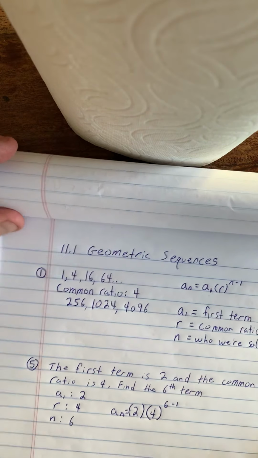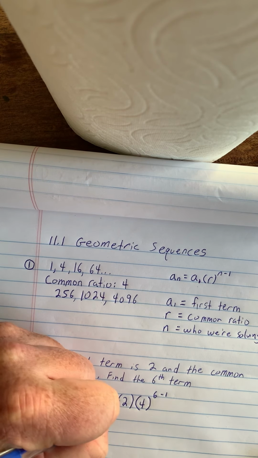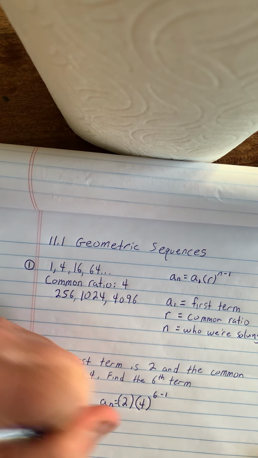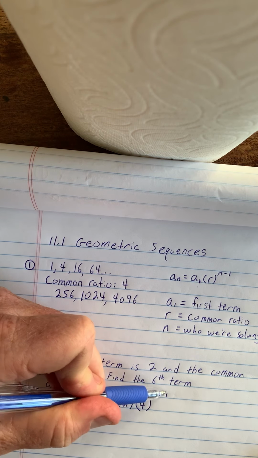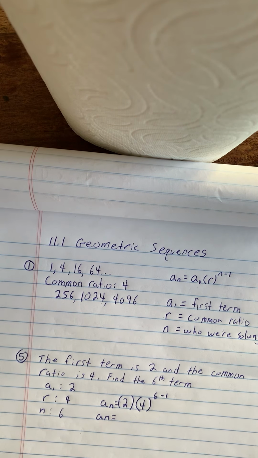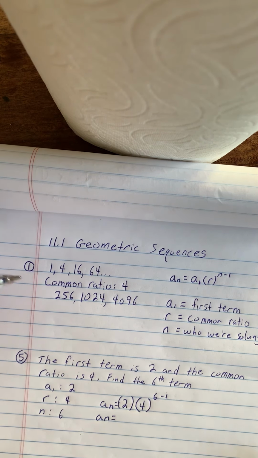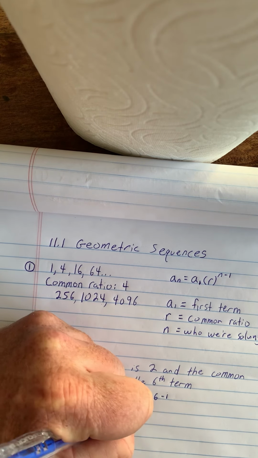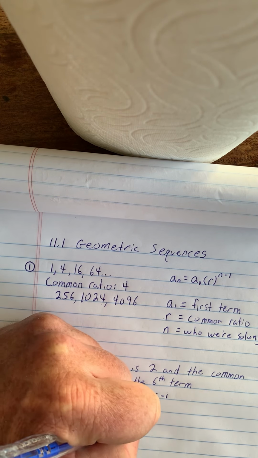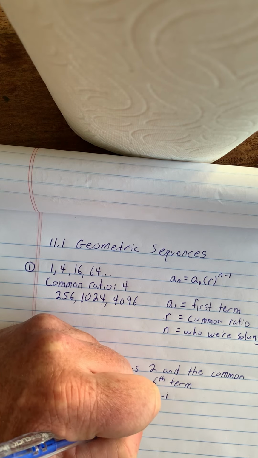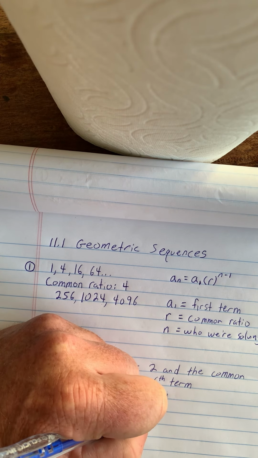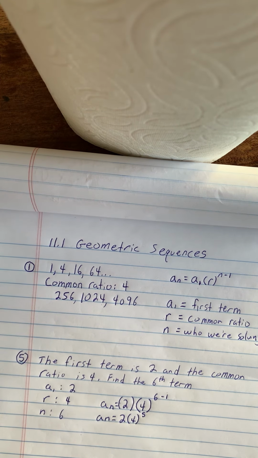Okay, let's go slowly. Exponents go first. 6 minus 1 is 5, so we're going to go 2 times 4 to the 5th, okay?